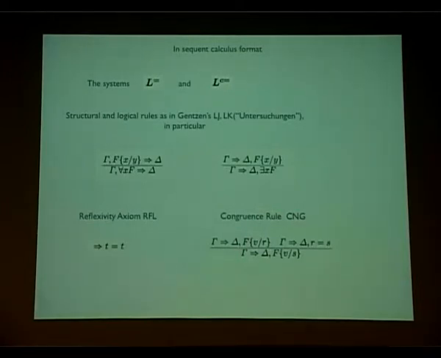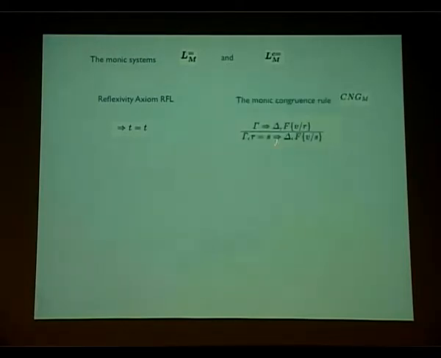What is in the sequent calculus line of thought is this: you can consider this as a zero-premise rule which introduces equality on the right, and you can take this rule which introduces equality on the left. This is easily seen to be equivalent, using cuts, to the previous system.